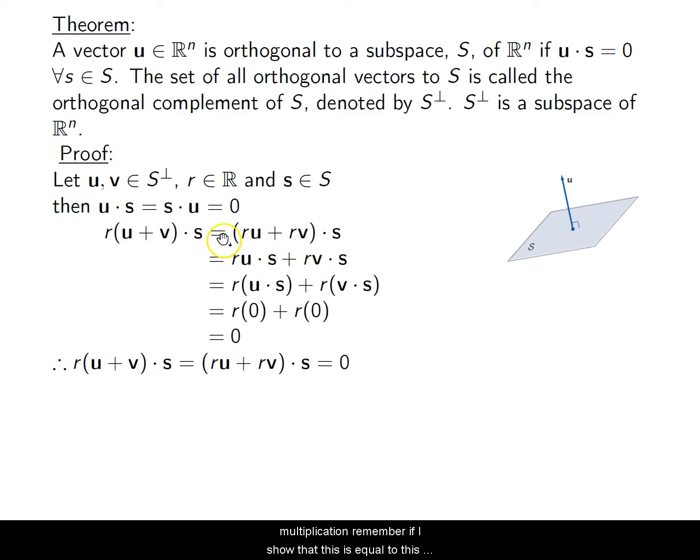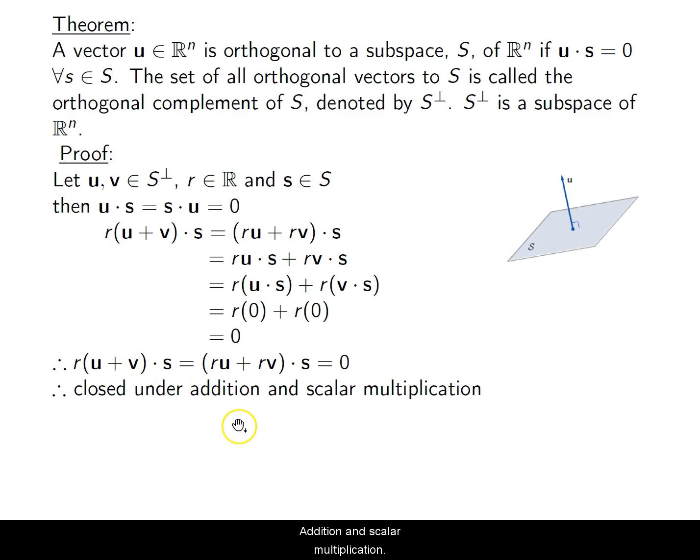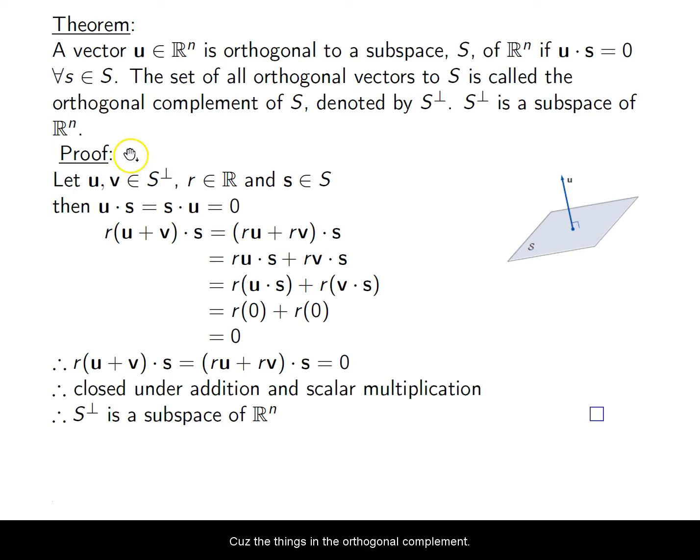Remember, if I show that this is equal to whatever it means to be in my space, in this case, to be in my subspace means that the dot products are 0. That means that I'm closed under addition and scalar multiplication. So this is a subspace because the things in the orthogonal complement dot product to 0 with the things in that subspace.